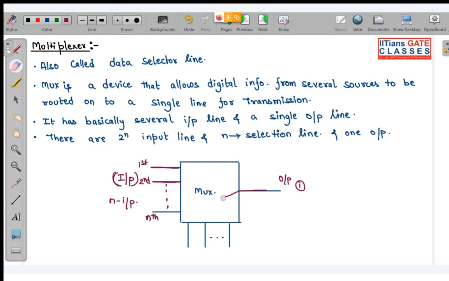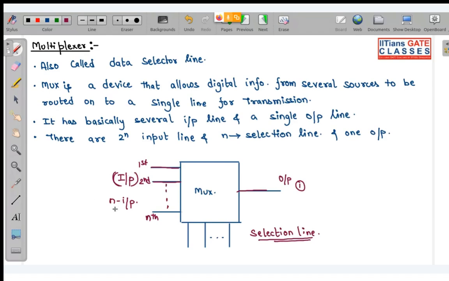Now, how do we decide which input we should connect? We decide it with the help of the selection line. The selection line selects which input should pass to your output, or which input should be connected to the output.